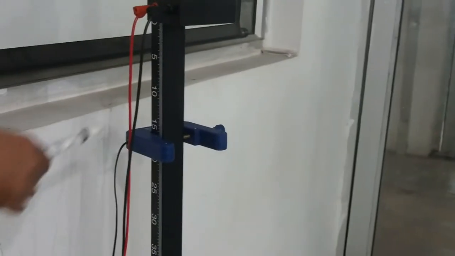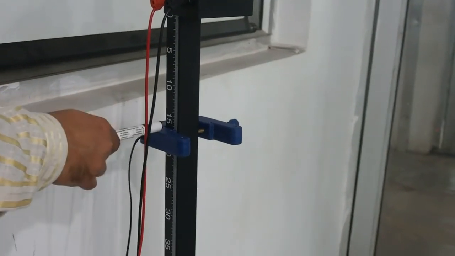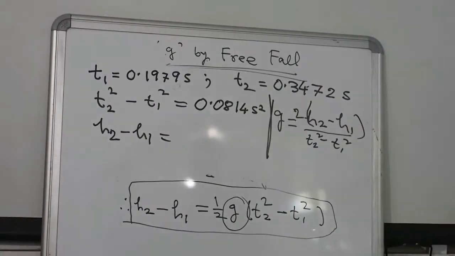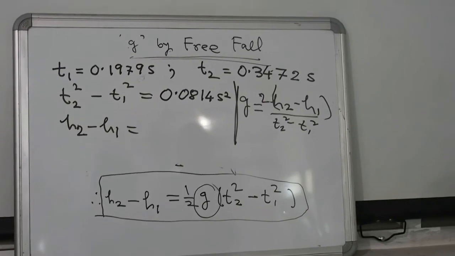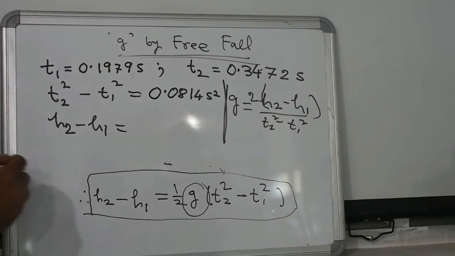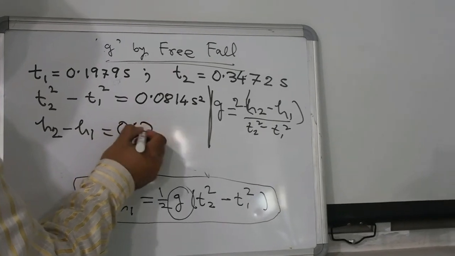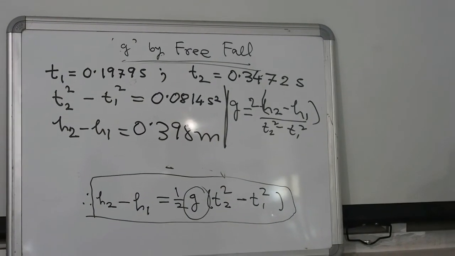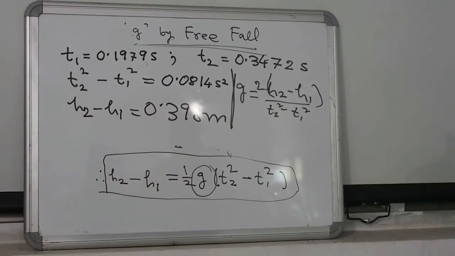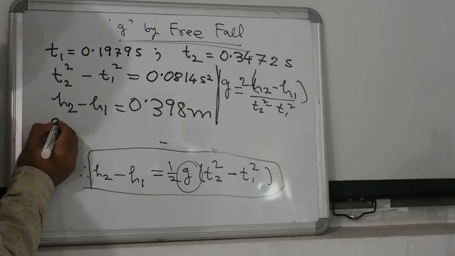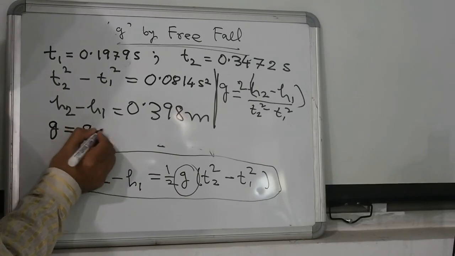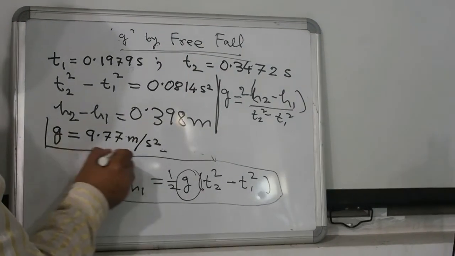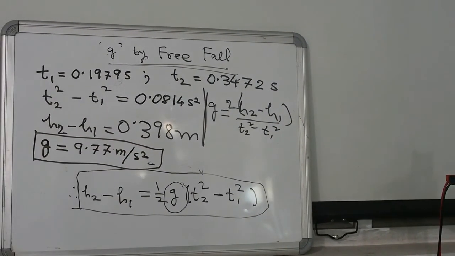From the difference between the readings of these two positions of the photogates, you can get h2 minus h1, which is 0.398 meter. By using this formula, you can find g equals almost 9.77 meter per second square. So this is the value of g which we get in this experiment.